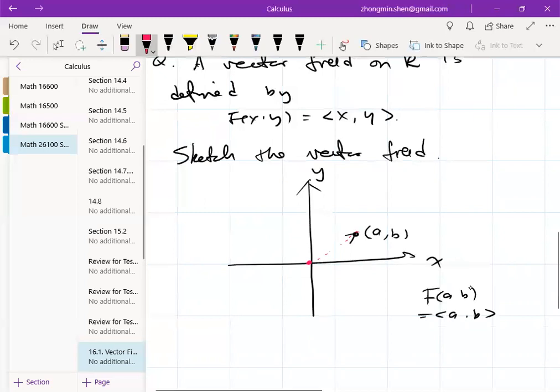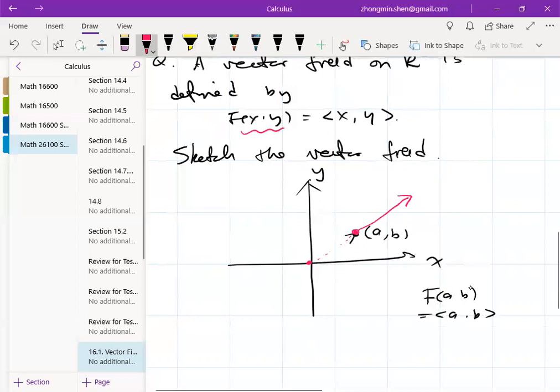So you have to move that vector parallel to here and keep the same length. So that is the vector you have to draw for the given vector field, because it says that at the point x, y, you get a vector with components x and y. If you don't know the starting point, you just draw one from the origin to that point with coordinates A and B. But I already know that, so you have to draw it starting from there.